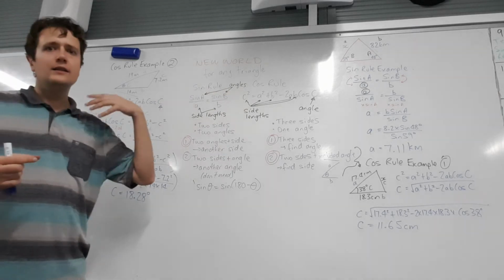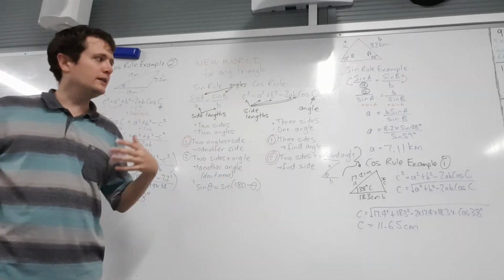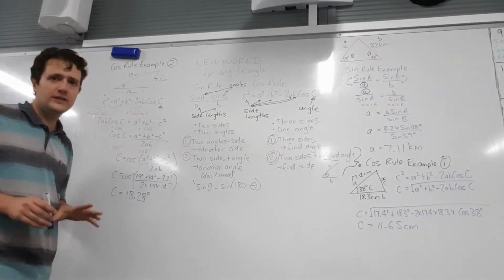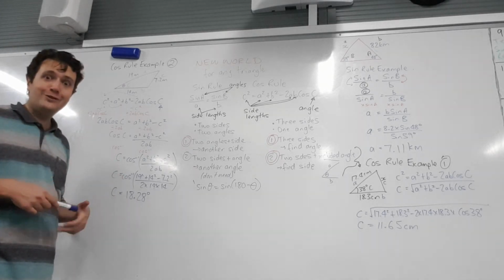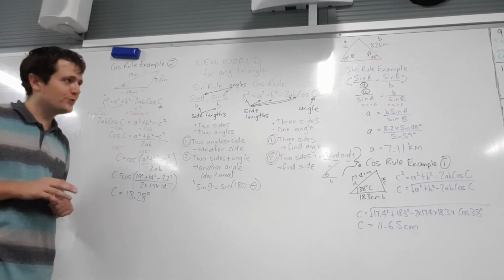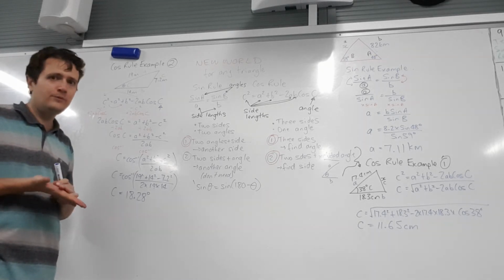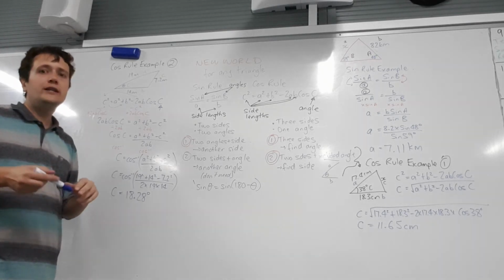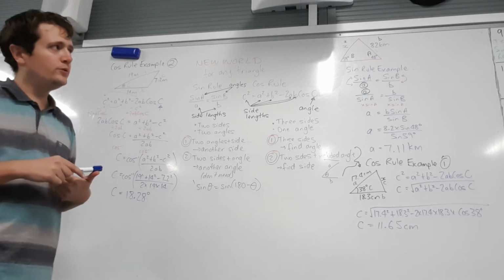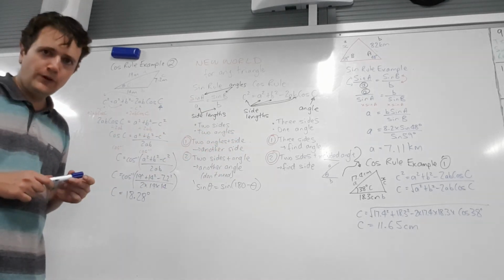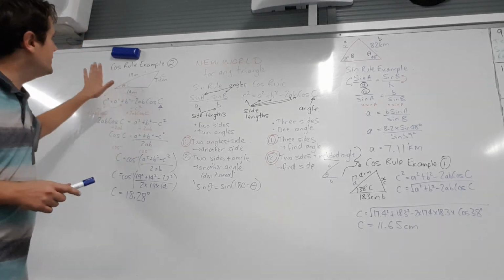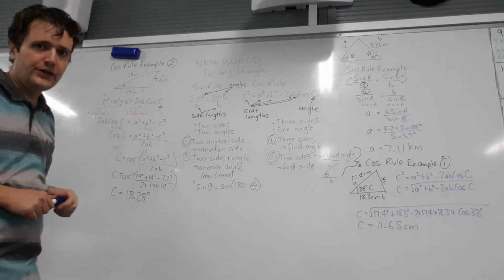The cos rule has 3 sides and 1 angle in it, again allowing you to find certain combinations of bits and pieces from each other. We then proved, we created the rules for the sine rule and the cos rule, which was quite a bit of intimidating fun. We then did an example of using the sine rule to find a side. We then did an example of the cos rule to find a 3rd side, and then we did an example using the cos rule to find an angle.